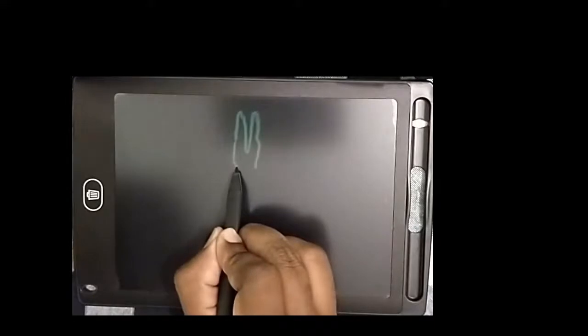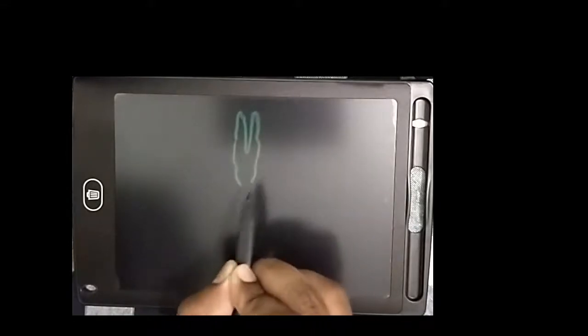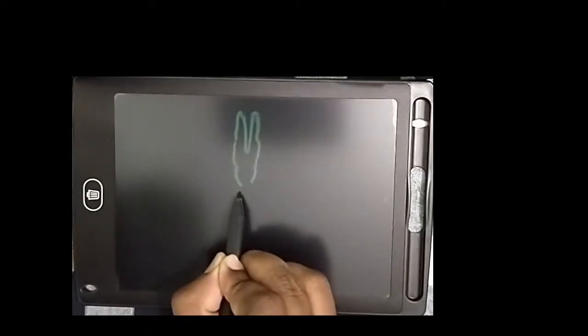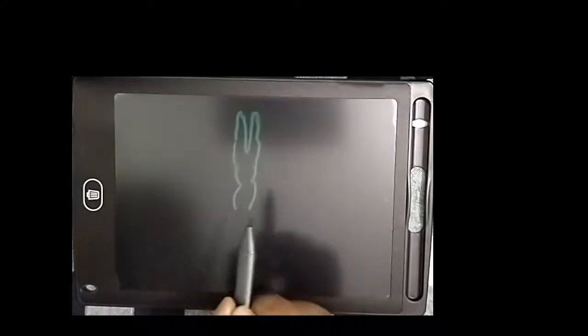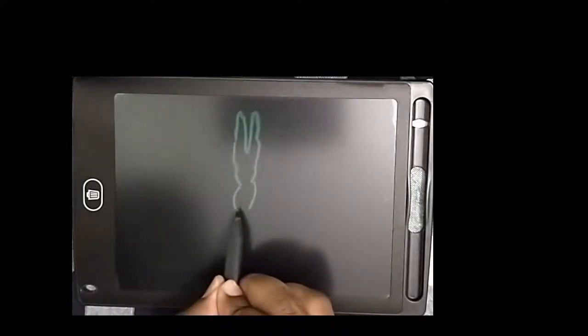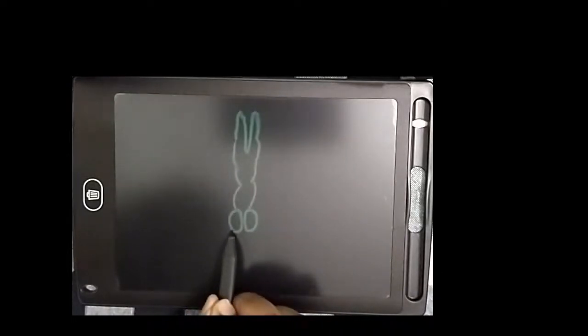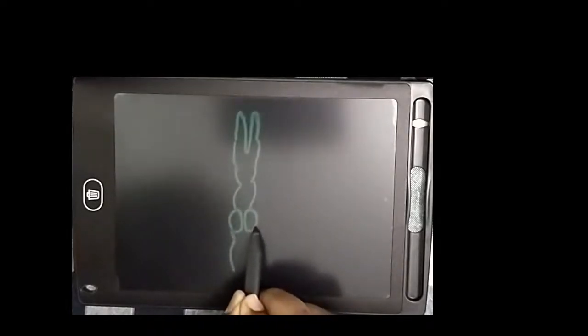First is the forebrain, second region is the midbrain, and third region is the hindbrain. So one by one I will show you the regions of the brain.